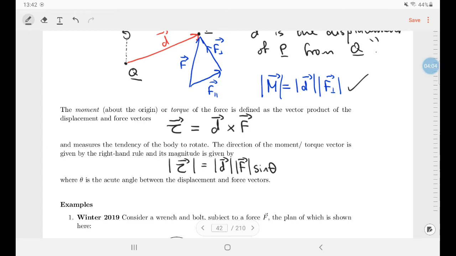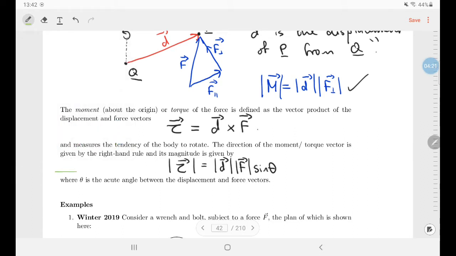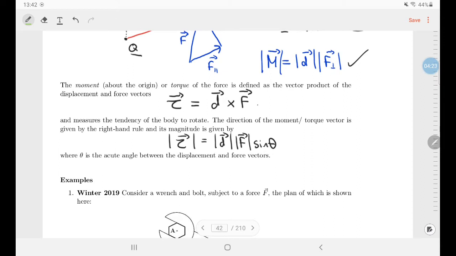If you want to find the magnitude of the torque, you've got two options. You find the torque or the moment, and then you find the magnitude of that vector. Or alternatively, you find the angle between the two vectors. If you want to find the angle between the displacement and the force, you could use the fact that the displacement dotted with the force, which is easy to calculate, is the magnitude of the displacement times the magnitude of the force times the cos of the angle in between.